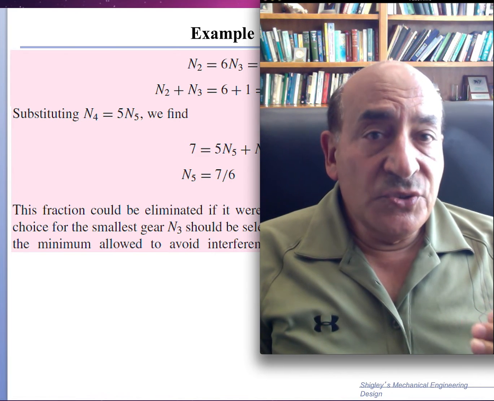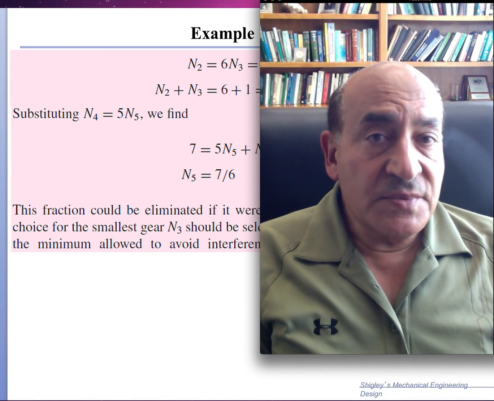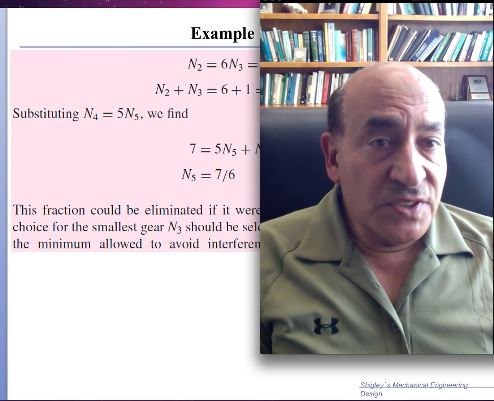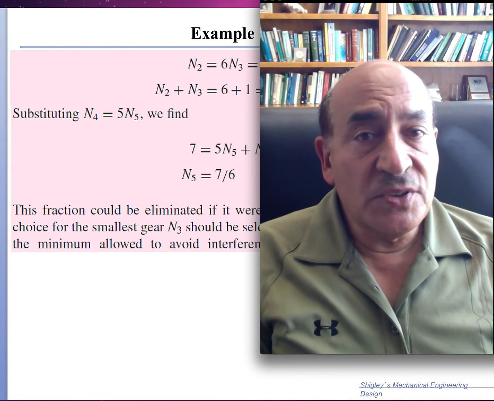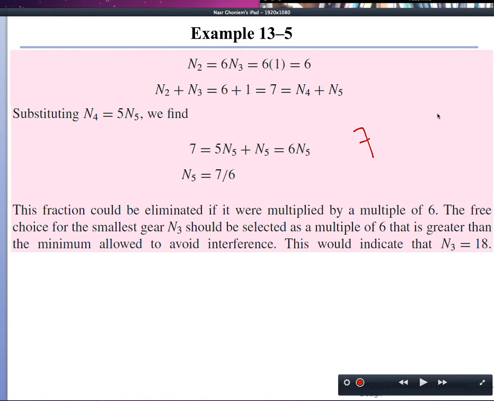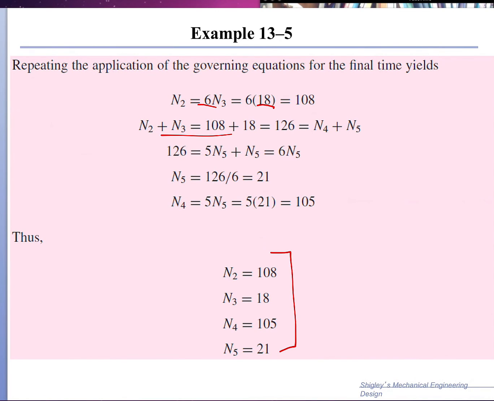Let's say 2 times or 3 times or 4 times. 2 times gives 14, which is still below the minimum, and therefore we multiply by 3, we get 21. Once we get 21, the problem is totally solved, and we have designed the entire gear train in this case.